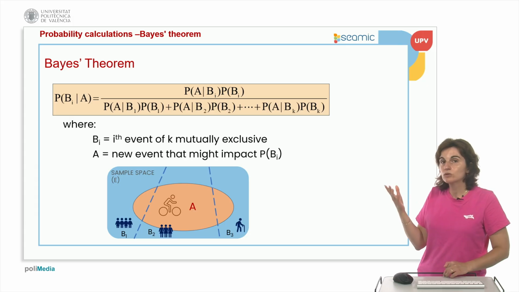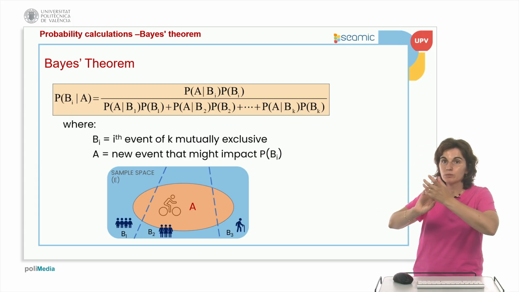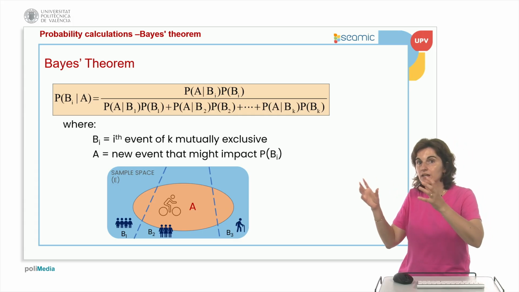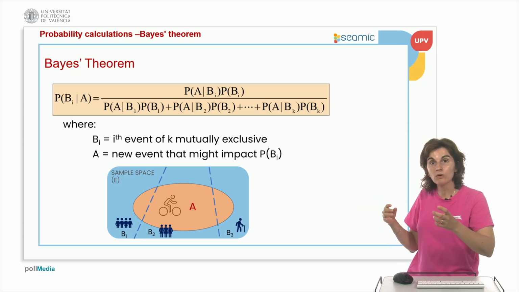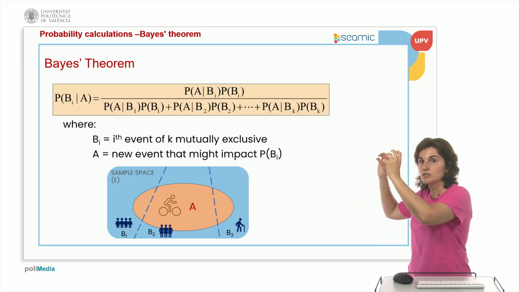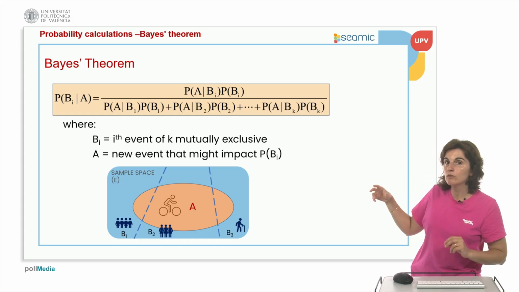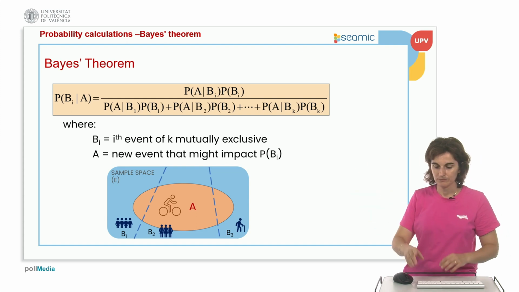So what we are doing here is to compute some kind of reverse probability. Once we know the probability of A, the probability of riding a bike, which is a number that goes into the denominator, using the Bayes theorem we will be able to compute the probability of B1 given A.